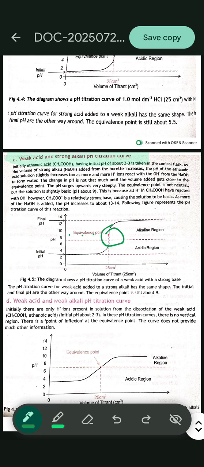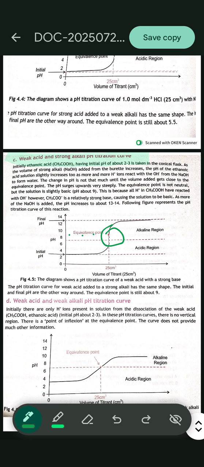So here the hydroxyl ions have reacted with H+, but when we get the conjugate base, we know that the conjugate base of a weak acid is always a strong base. So we have a strong base here, which is a conjugate base. CH3COO- is the conjugate base of acetic acid. So this causes the solution to be basic, and the pH increases to 13 to 14.